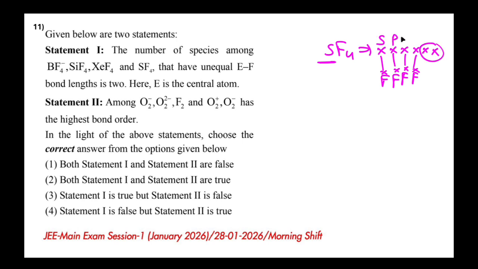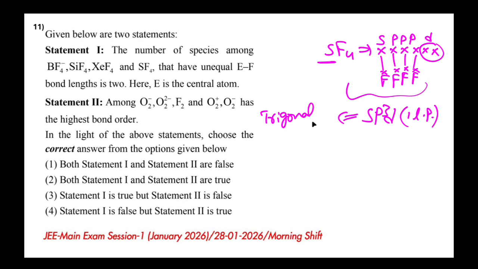This involves s, p, p, p and d. So it will undergo sp3d hybridization with 1 lone pair. Originally sp3d hybridization is trigonal bipyramidal. With 1 lone pair, it will become a seesaw arrangement.